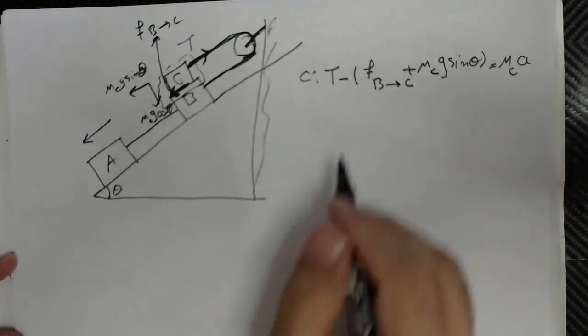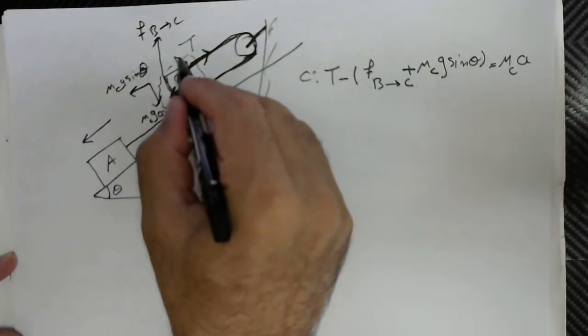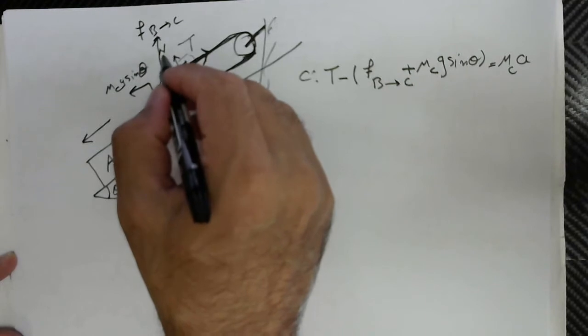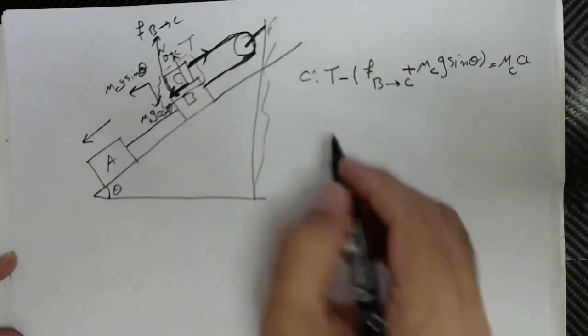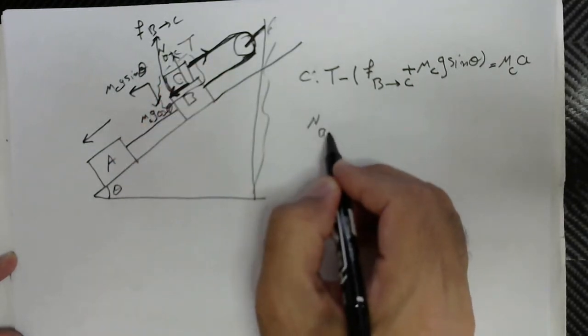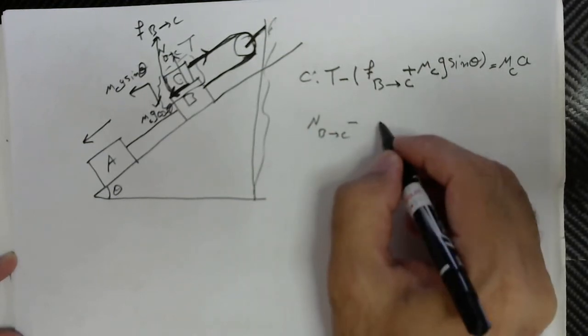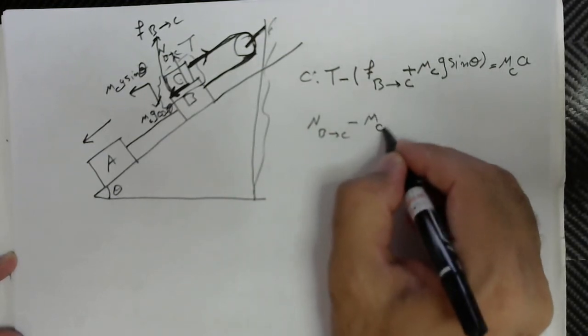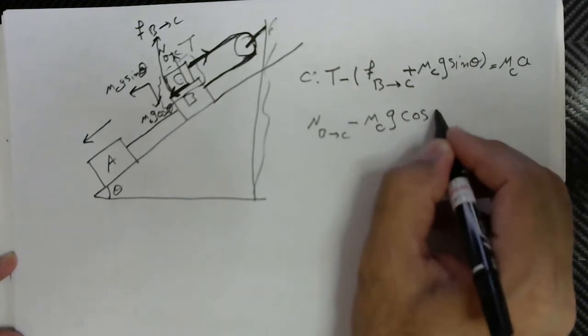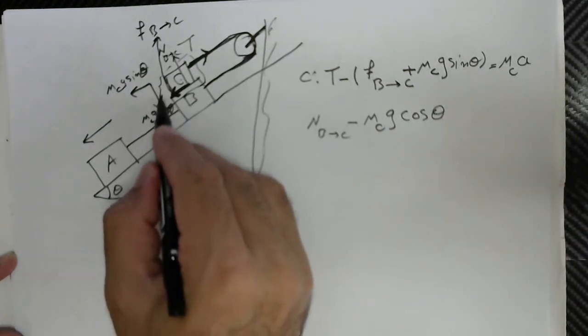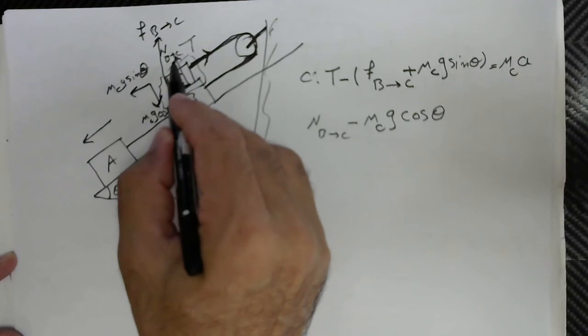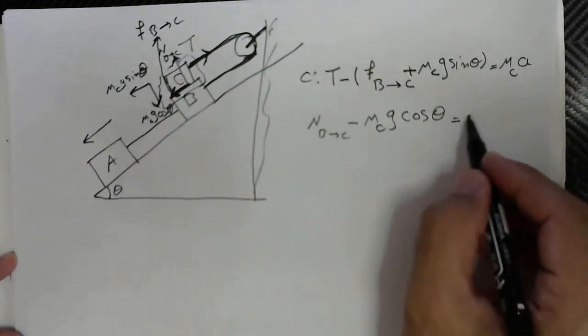That becomes the force. And there is an N B to C. So N B to C minus MC G cosine theta, this force and this force cancel each other.